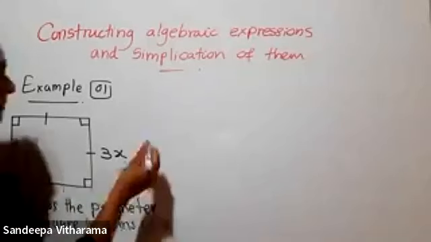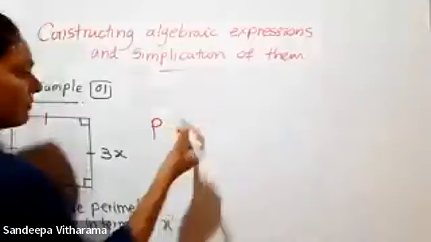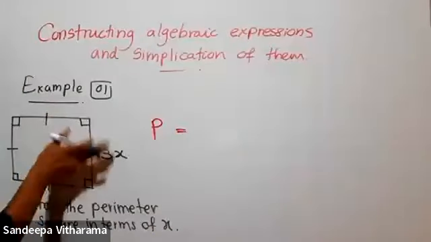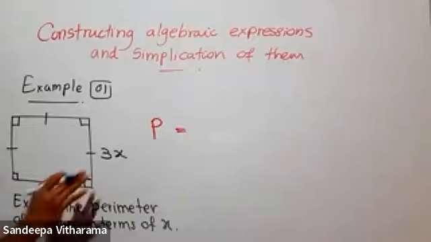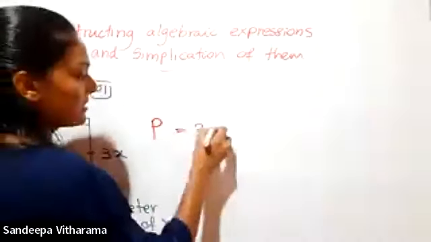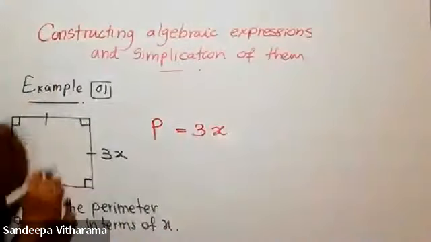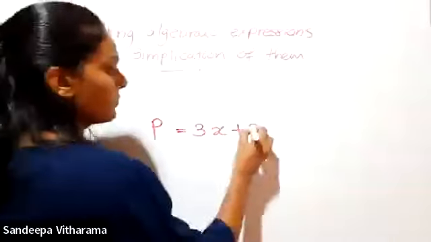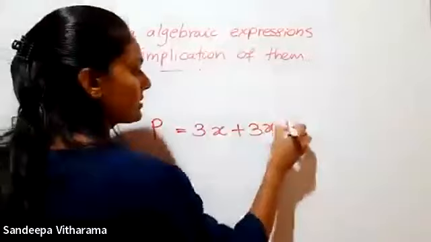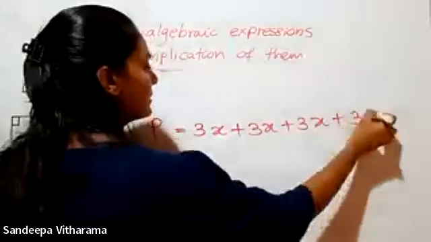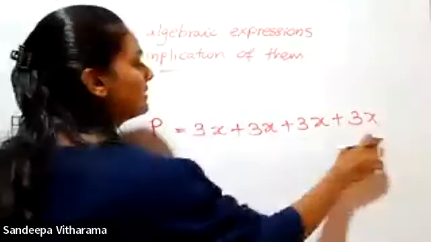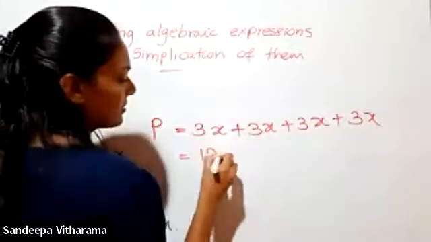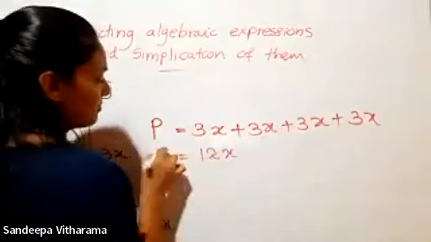If we take the perimeter as P, we know what is meant by perimeter. It is the total outer length of a plane figure. Then there are here 3x. There are 4 such sides. So four 3x's should be added. When you add four 3x's, the answer is 12x.